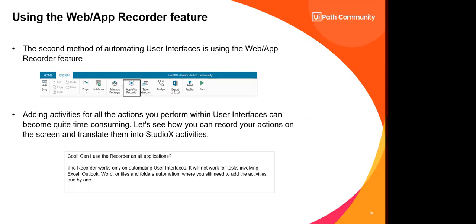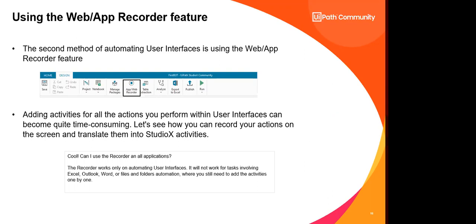Again, there's a small note that the recorder works only on automating user interfaces, and it will not work for tasks which involve Excel, Outlook, Word, files and folder automation, because you have a separate set of activities to interact with these applications.